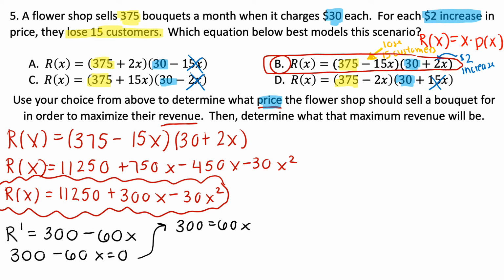So x equals 300 divided by 60, which is 5. Okay, so x equals 5, but x is the number of times we're changing our price. So the first thing we want to do is determine the price. Our price, remember, was this 30 plus 2x.